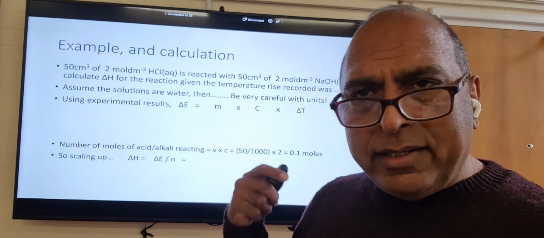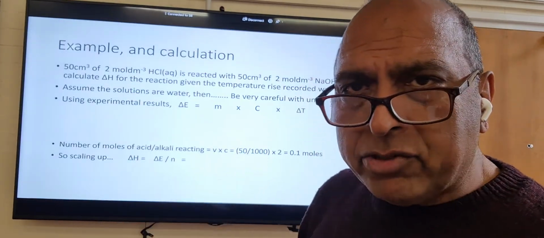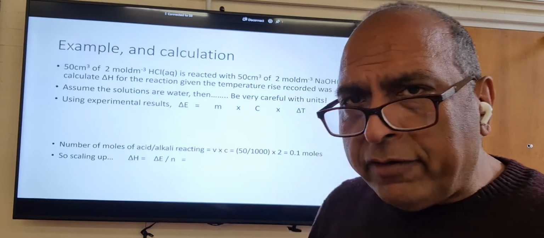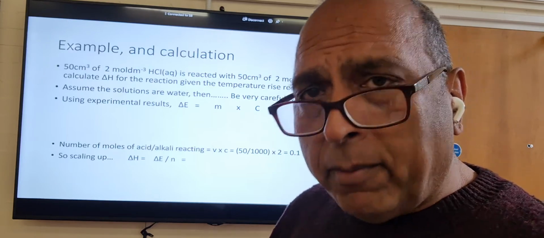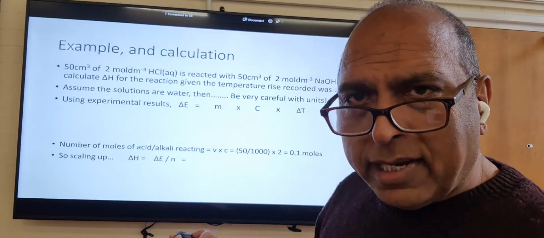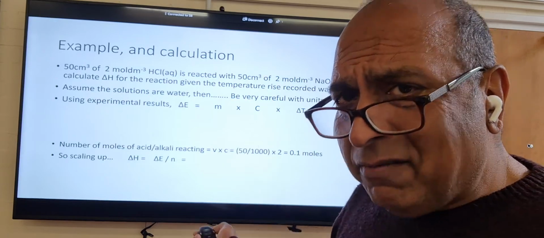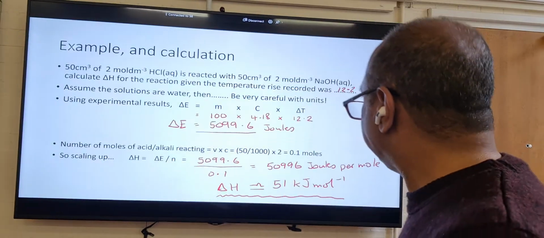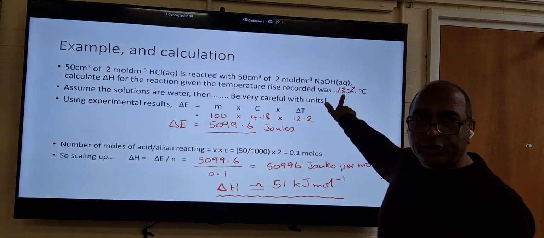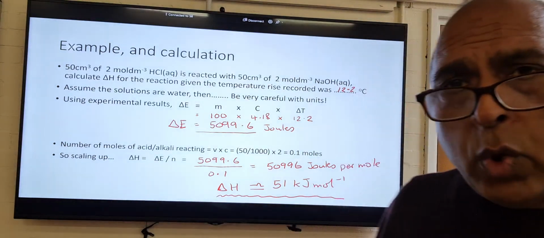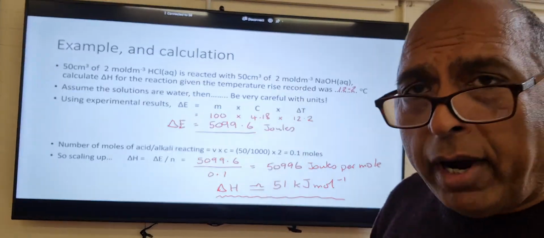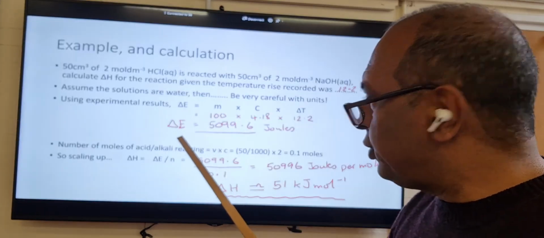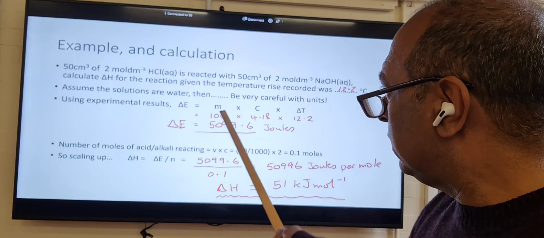Now, I did this before the demonstration that I've just done, with a previous year's result from a pupil, I put that in and worked it out. So let's have a look at what my last year's pupil got when he actually did this experiment. He got 12.2 degrees Celsius rise in temperature. So how do we do the calculation? Change in energy: mass is 100.